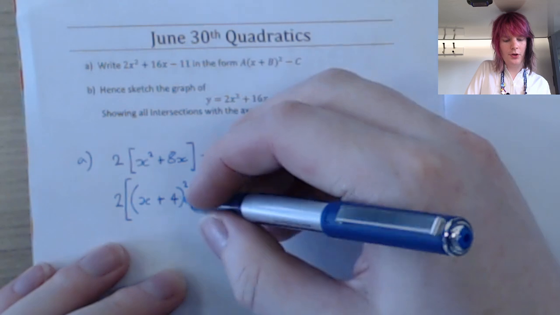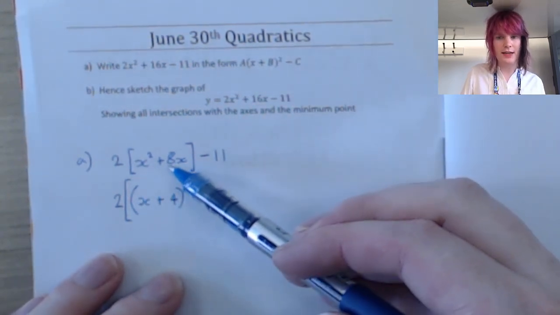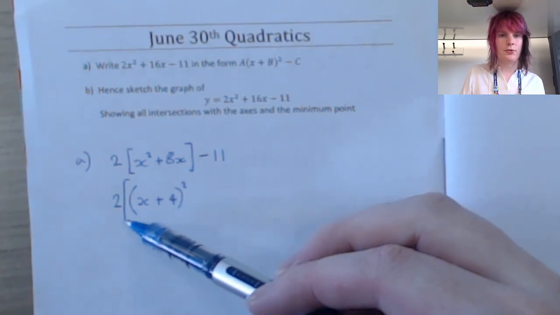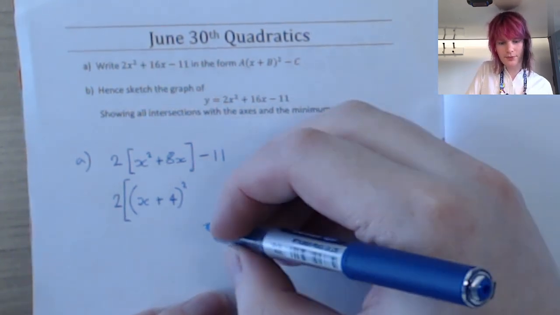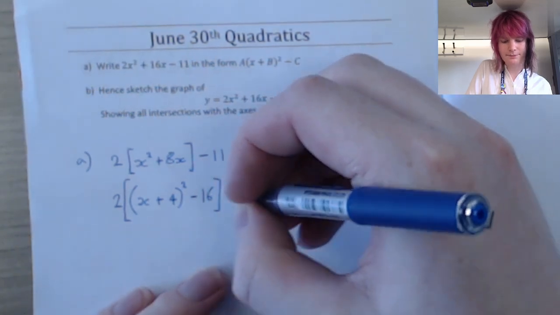And when we expand this out, we will get our x squared plus 8x. Unfortunately, we also get a 16. So if we were to expand (x plus 4) out fully, we get x squared plus 8x plus 16. Now we don't want that 16 in our final answer, so we're going to subtract 16 there.